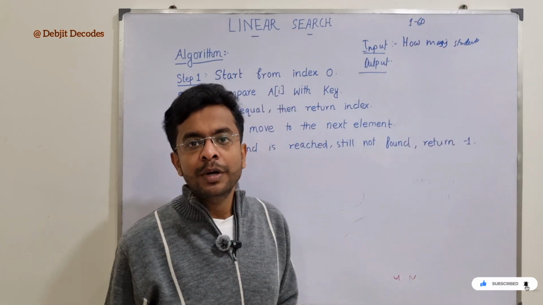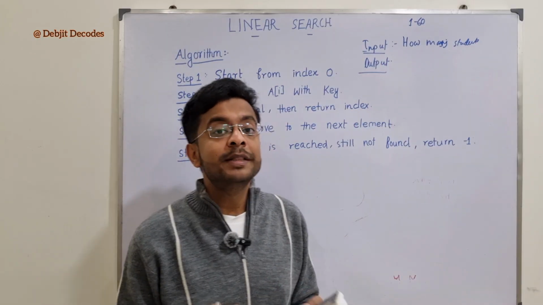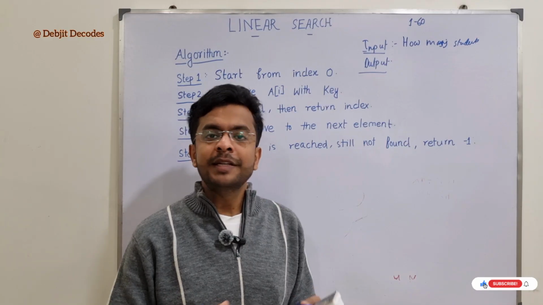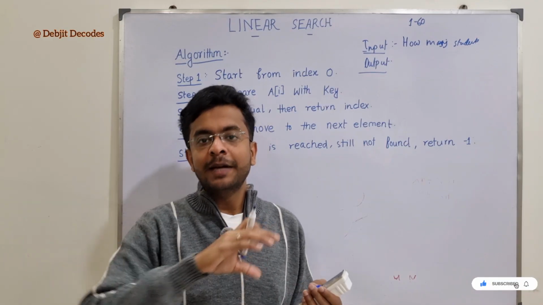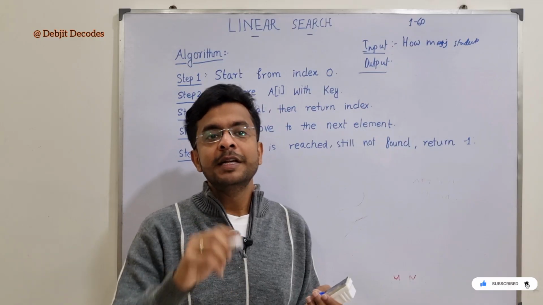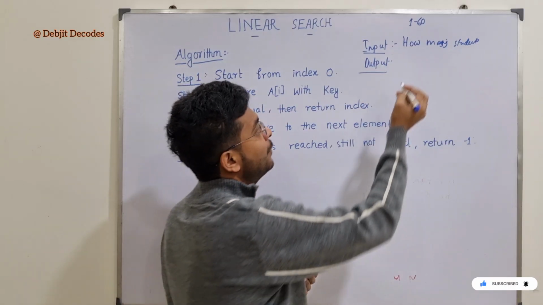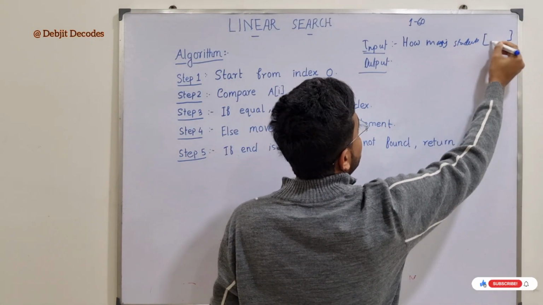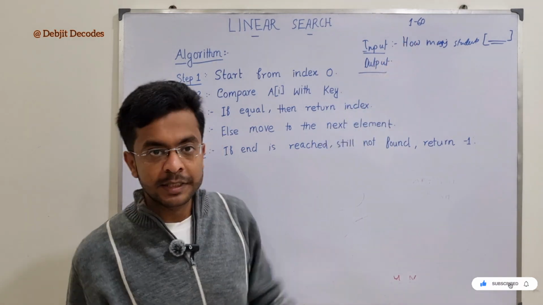They are standing in a queue, but not in a sequential manner, not in a sorted way. They are standing randomly. So you will just take their roll numbers, and you will see whether roll number 42 is present or not. So you have all the roll numbers 1 to 60 inside a particular array. This is the input for this.